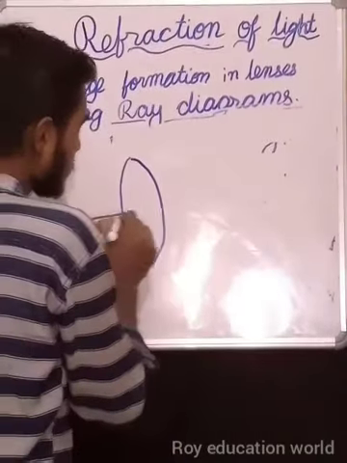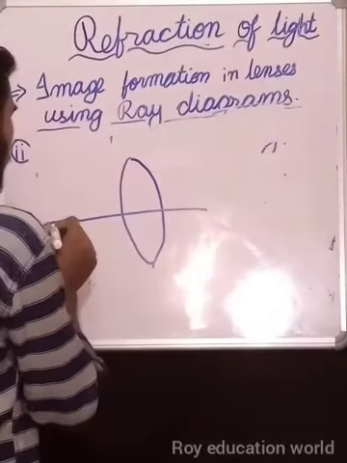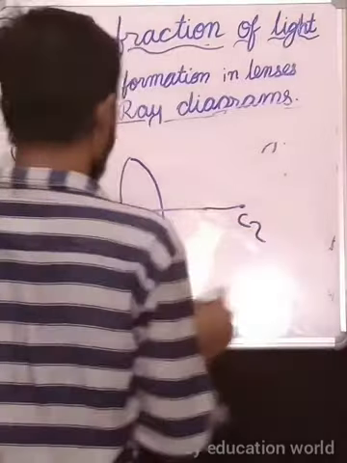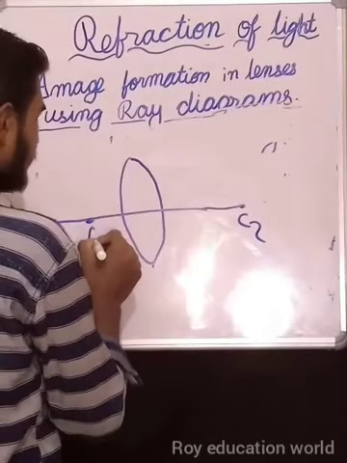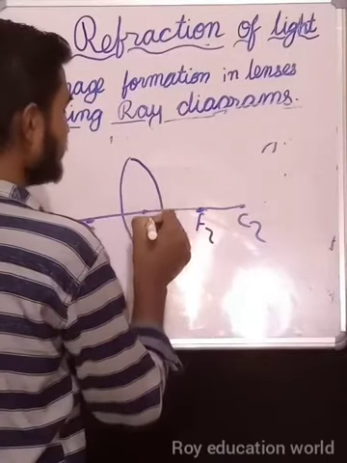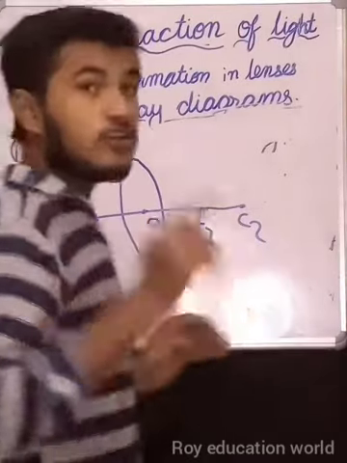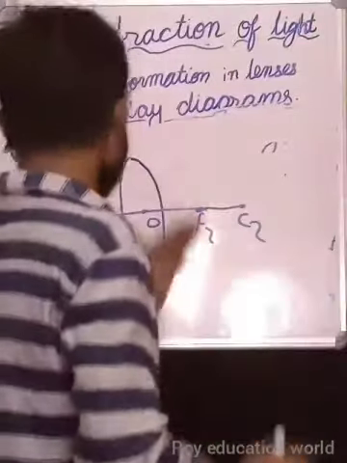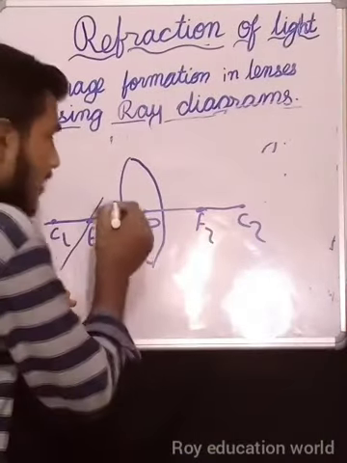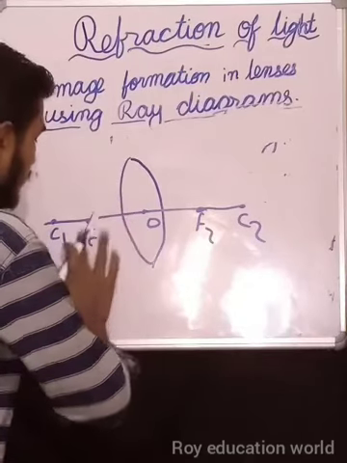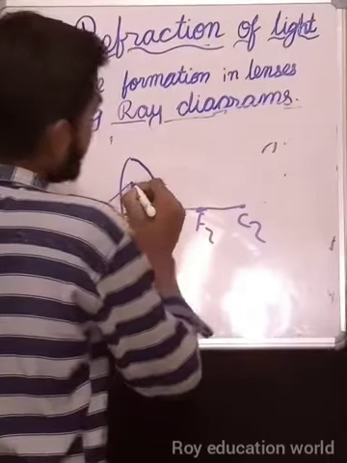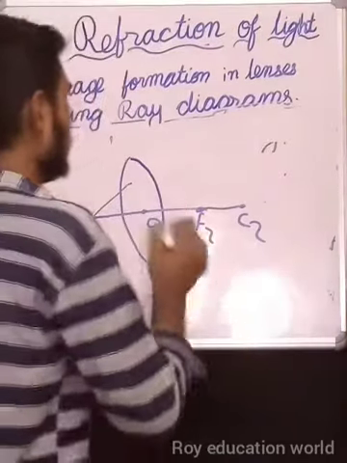This is the principal axis passing from C1 to C2. And we know that there are two focus, F1 and F2, and this is the optical center. When a ray of light passes through the principal focus, after refraction it emerges parallel to the principal axis.